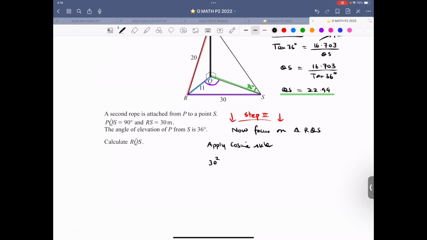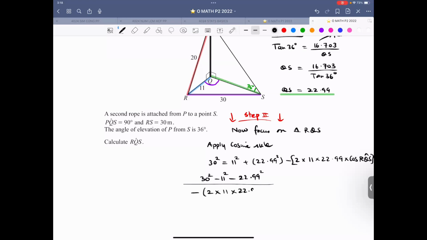30 square is equals to 11 square plus 22.99 square minus 2 into 11 into 22.99 into cos of RQS. So 30 square minus 11 square minus 22.99 square divided by negative 2 into 11 into 22.99 is equals to cosine of RQS.